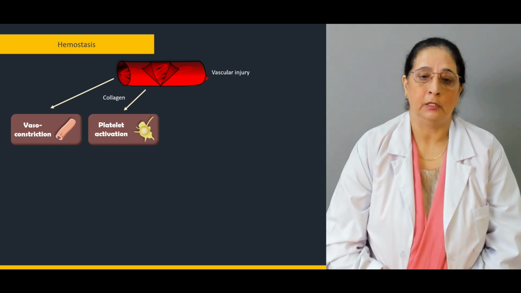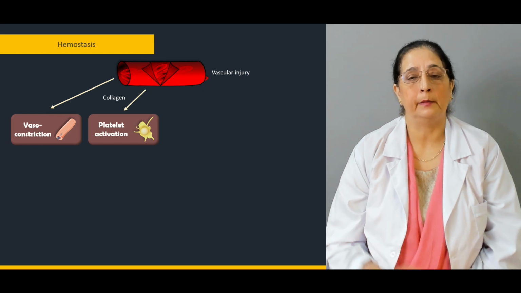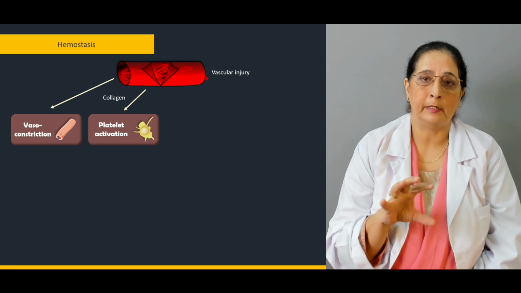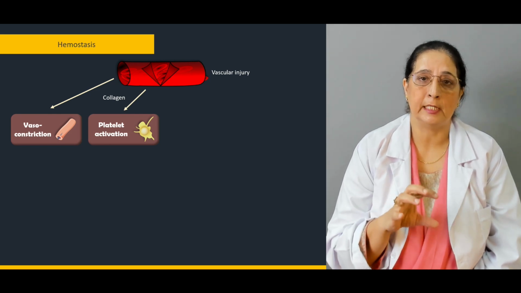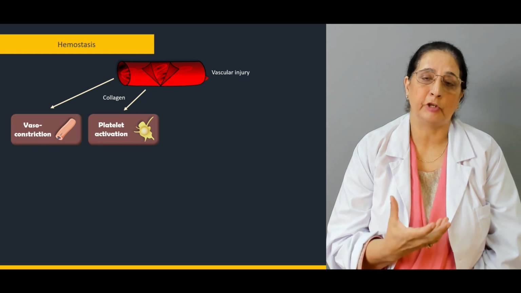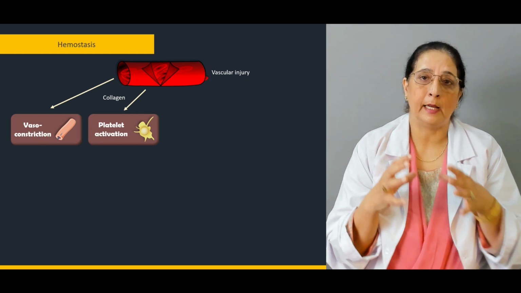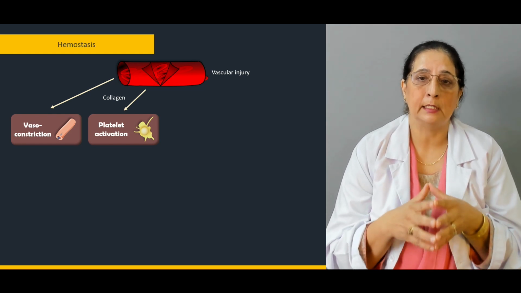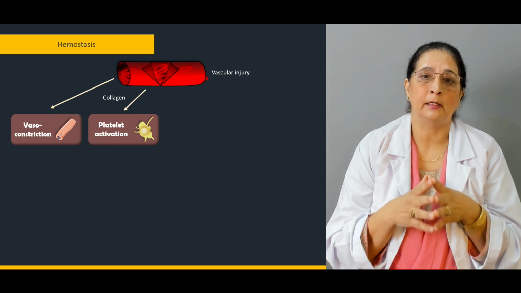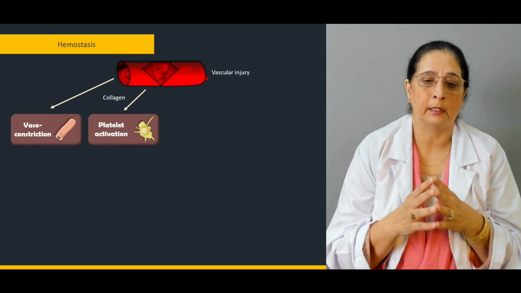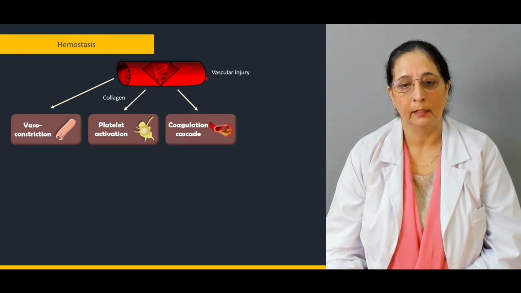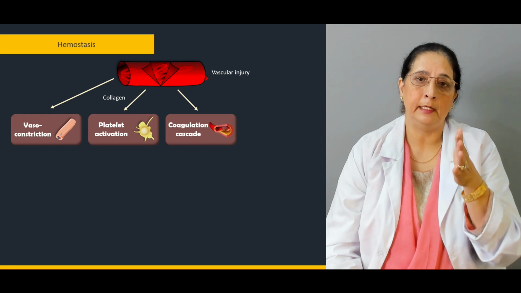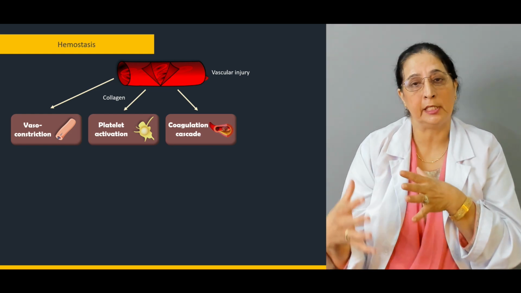The collagen present in the blood vessel is responsible for this mechanism of hemostasis, especially the vasoconstriction. Vasoconstriction, with the help of collagen present in the blood vessel, helps in the stoppage of blood loss. Then another step comes under the heading of secondary hemostasis.